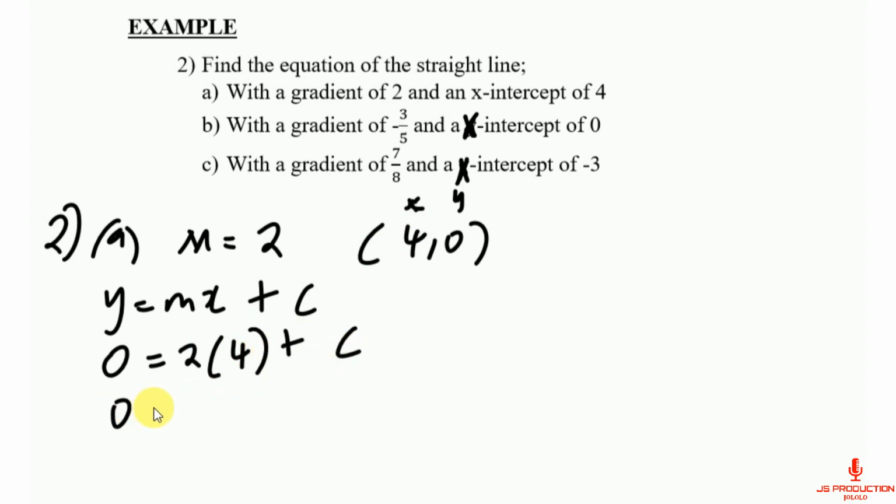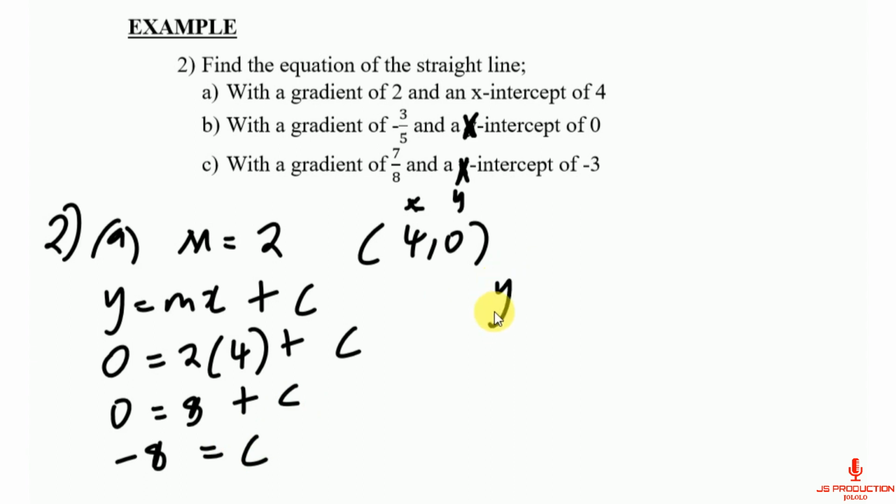So 0 is equal to 2 multiplied by 4, that's 8, plus c, and we can move 8 to the other side of the equation, so negative 8 is equal to c.